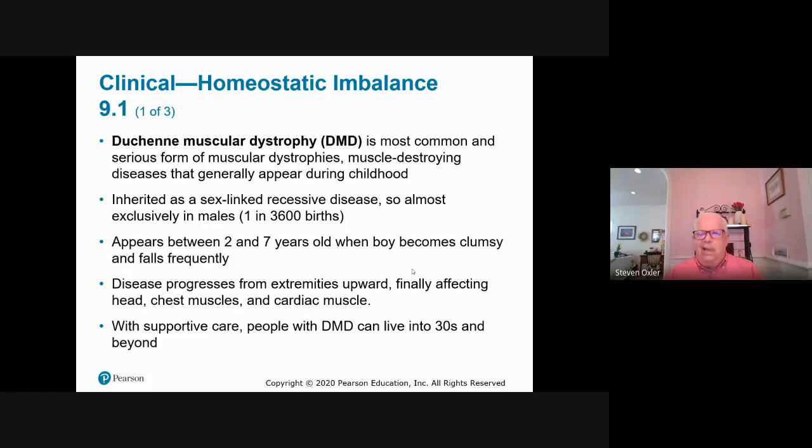Without supportive care, people with Duchenne muscular dystrophy basically live longer than usual. They used to die in their 30s. Now they can live up to their 50s and 60s. So remember Duchenne muscular dystrophy, a genetic disorder involving the protein dystrophin.